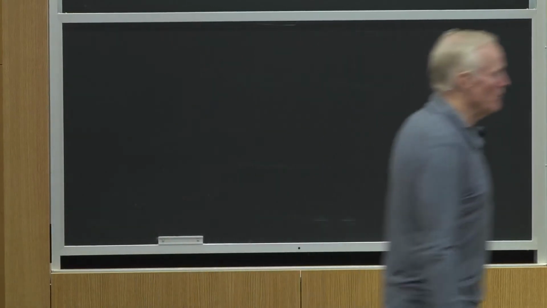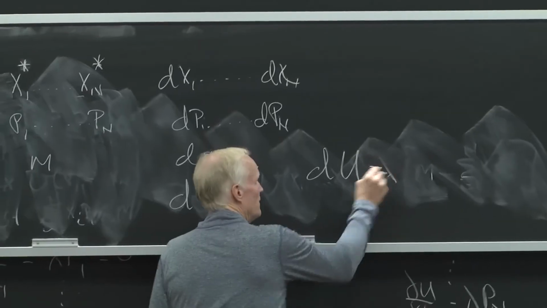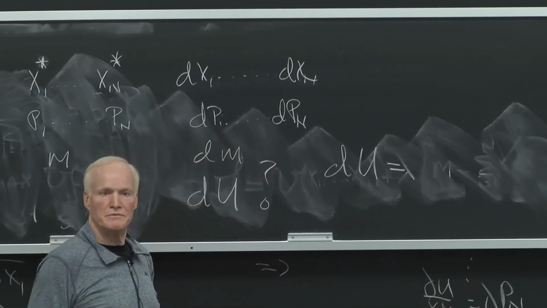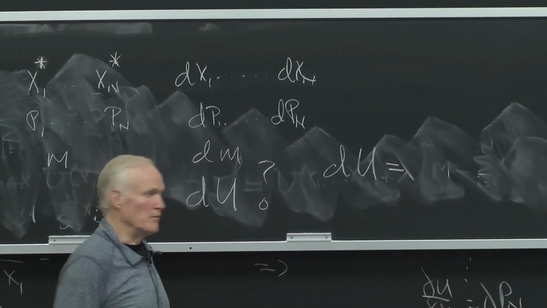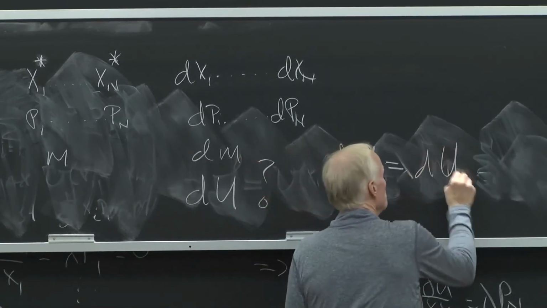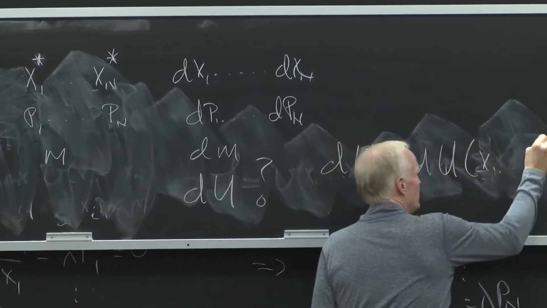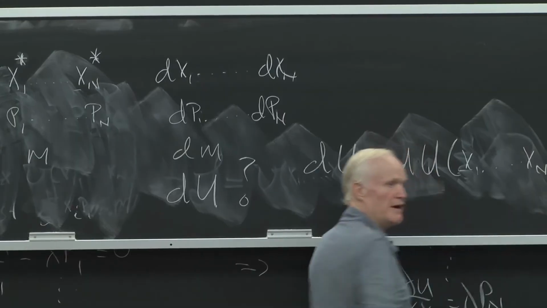Well, let's think about it. What is du? Well, it's du of x1 up to xn. Everybody agrees with that, right?